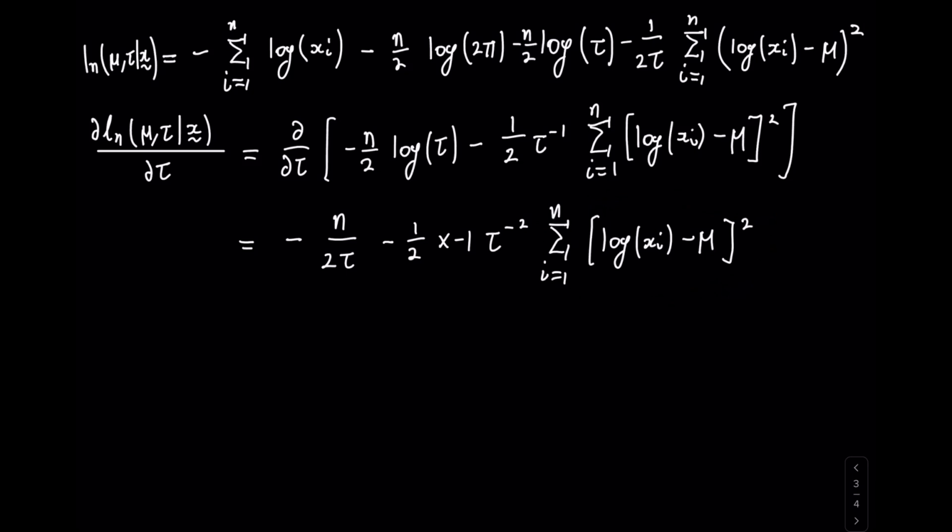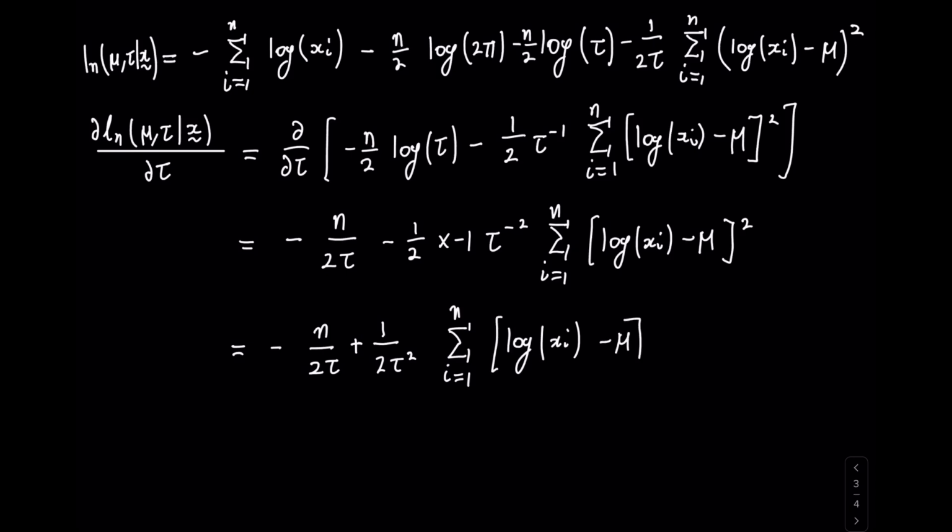And then after maybe one line of simplification, we can rewrite this as negative n on 2 tau, plus 1 on 2 tau squared, sum i equals 1 to n of log xi minus mu, squared.